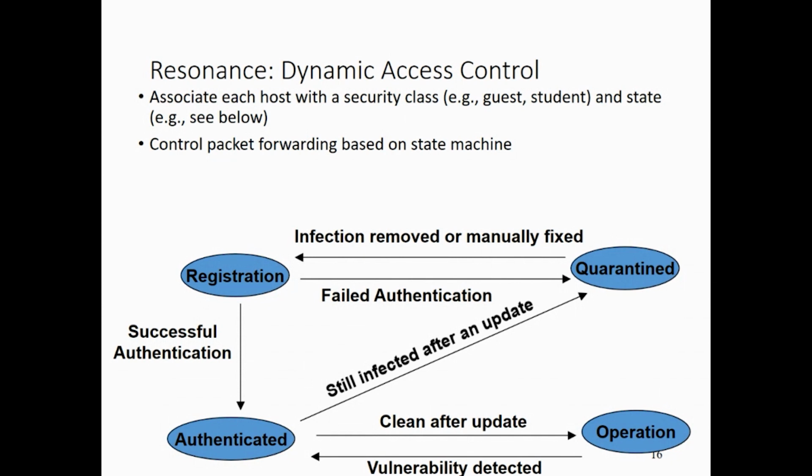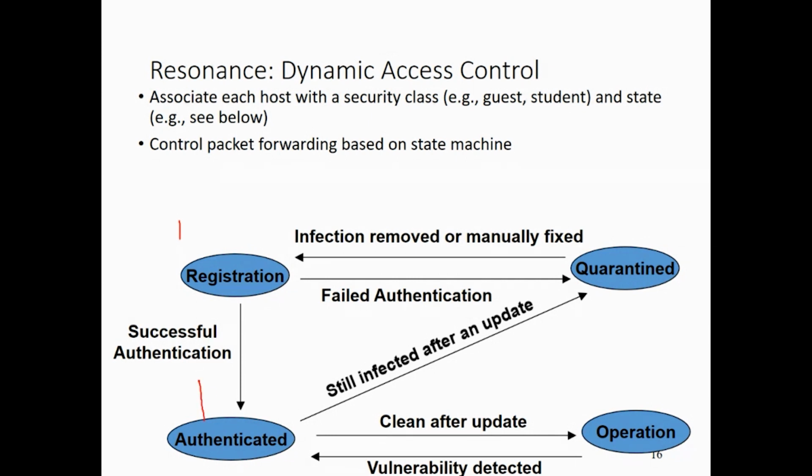The dynamic access control means that there are 4 phases each time a device wants to access the network. The first phase is the registration phase, and after requesting registration, each entity should provide an authentication way.